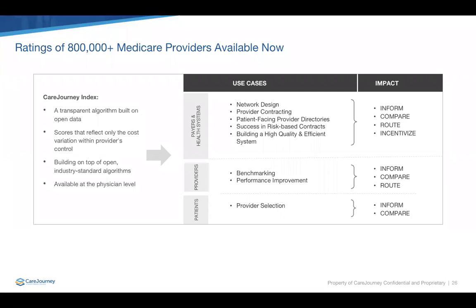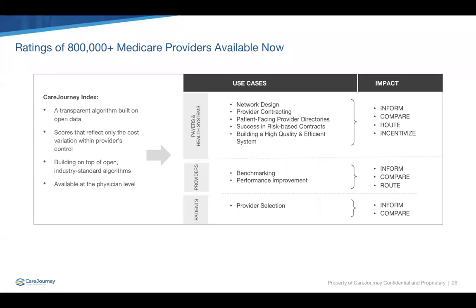We obviously see organizations use them to route individuals towards a higher value, even if it's a sub-network within a broader network. On the provider side, there's definite interest in benchmarking and performance improvement. It's critical to understand the drivers of why some are an X and others are a Y, or in our case, 1 through 5.